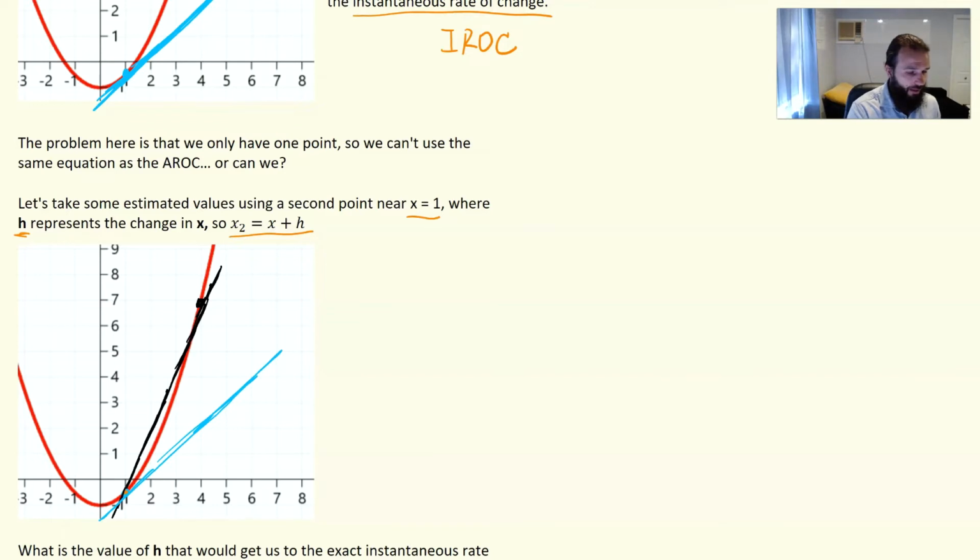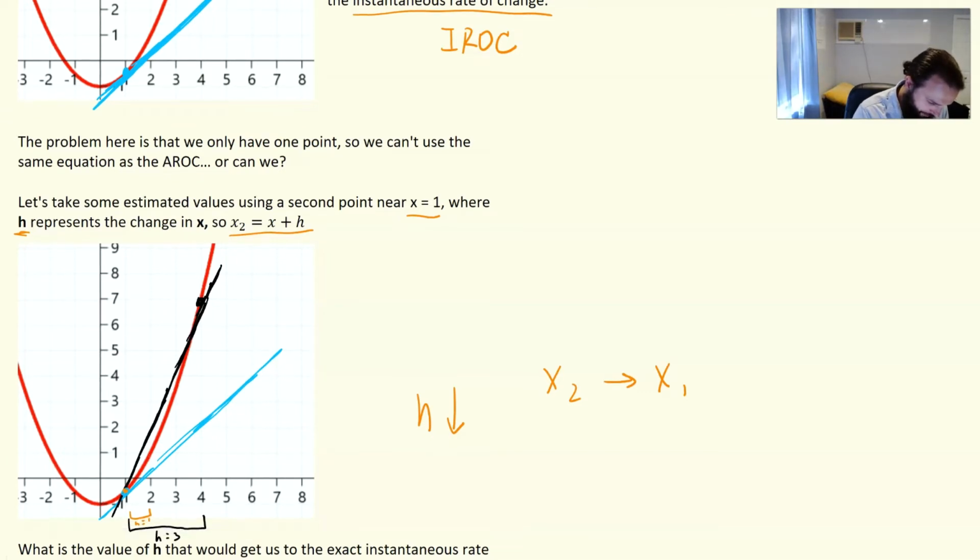Well, why don't we try to make the h a little bit smaller? If we reduce the h, then x2 is going to get closer to x1. In the first example, my h was 3 because I went all the way from 1 to 4. But let's make it maybe 1. Let's go from 1 to 2.